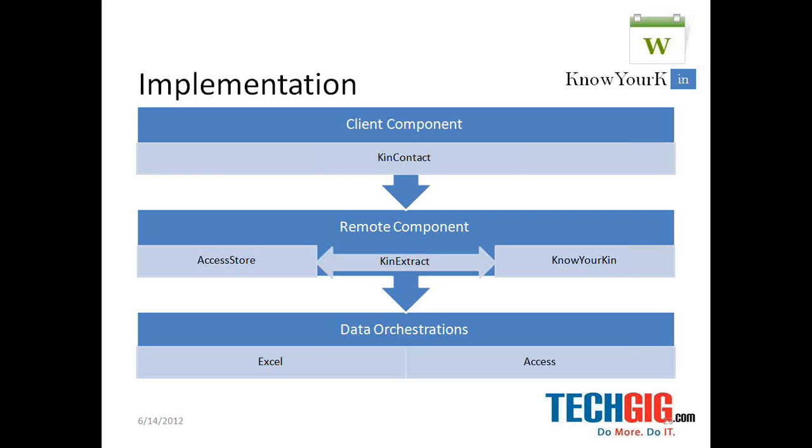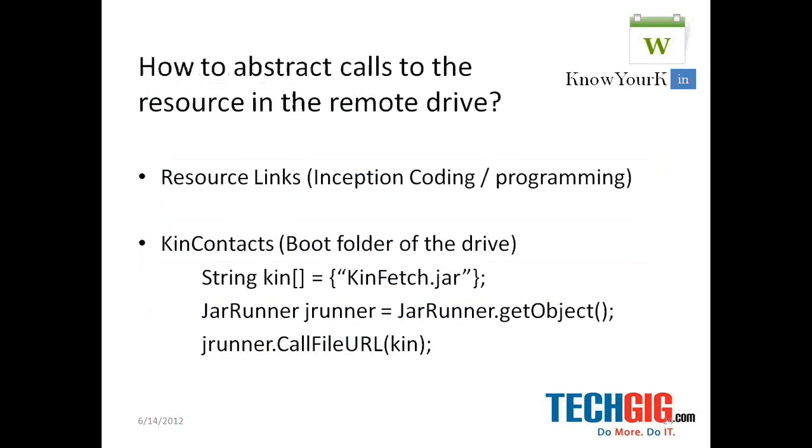From there, we pull all the XML data into the directory structure, and the data orchestration is done in the Excel sheet as shown in the previous slides. This Excel data has been orchestrated in the Excel sheet and put into different DBs, including Access as well. This is how we abstract the calls to the resource in the remote drive.